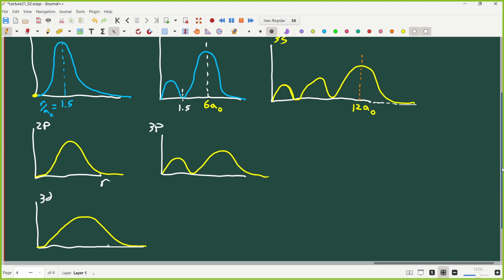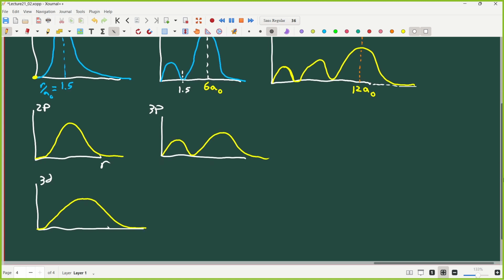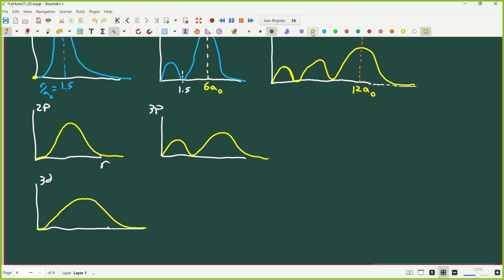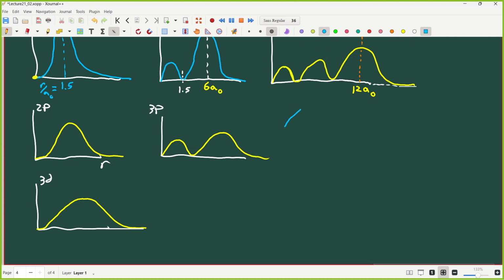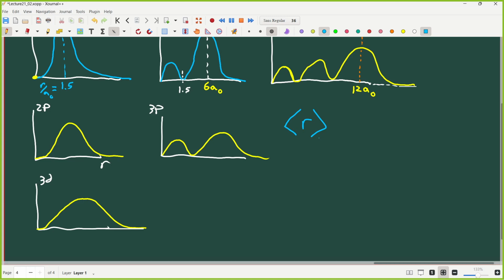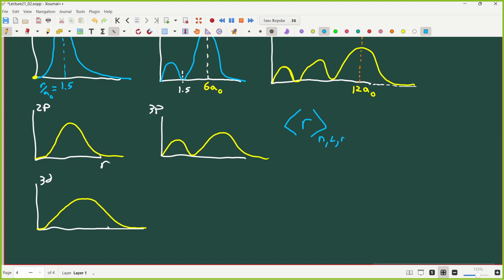Okay, and in fact, there's some really nice formulas here. I'm just going to write them down. They're not super important, but I think they're interesting to look at. You can generalize the position of the electron as a function of the quantum numbers. So if I want to calculate r for n, L, and m sub L, there's a really nice formula for it.